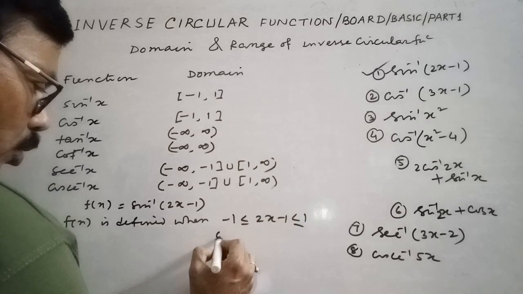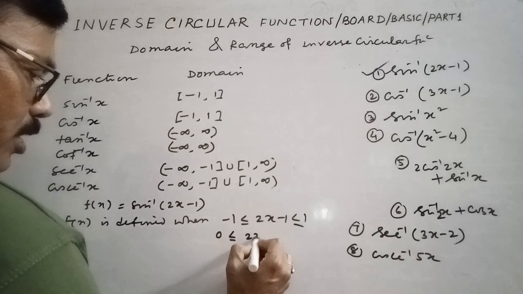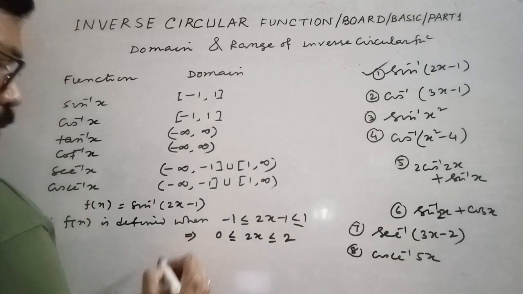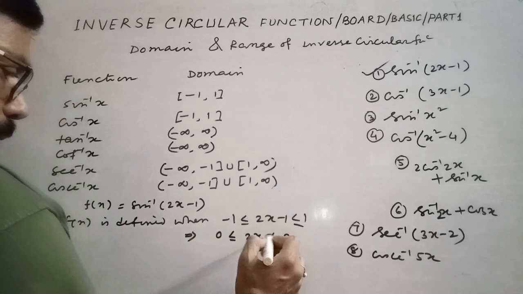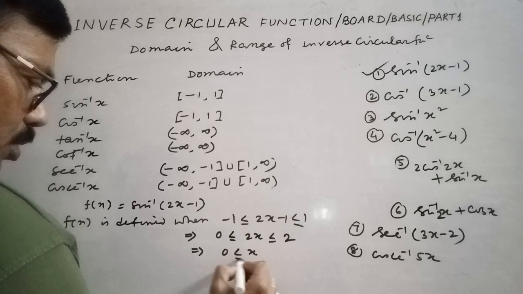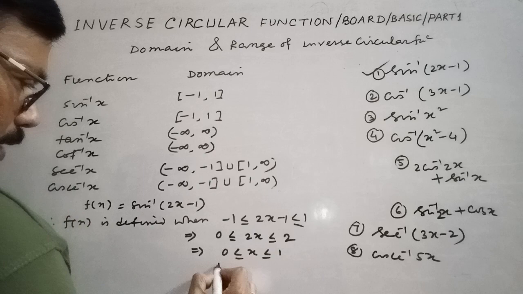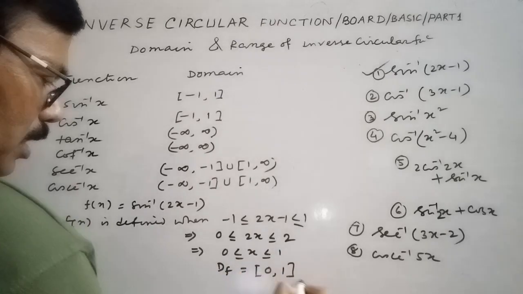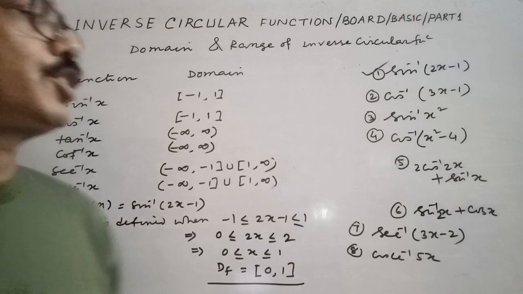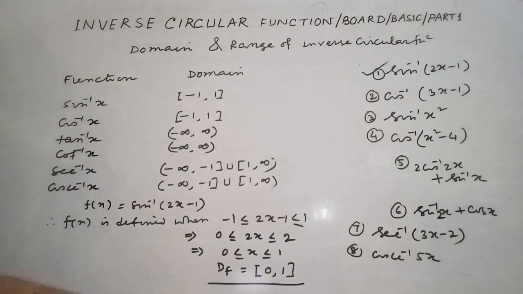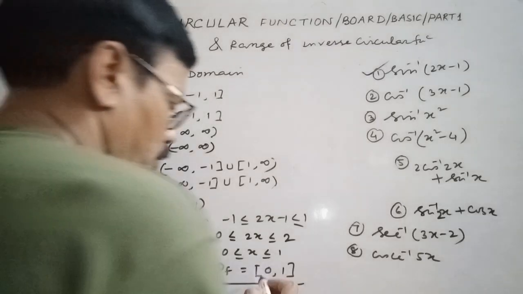Add 1 on both sides: 0 is less than or equal to 2x, which is less than or equal to 2. Then dividing by 2: 0 is less than or equal to x, which is less than or equal to 1. So what is D_f? 0 comma 1. So this is the domain, D_f equals 0 to 1.